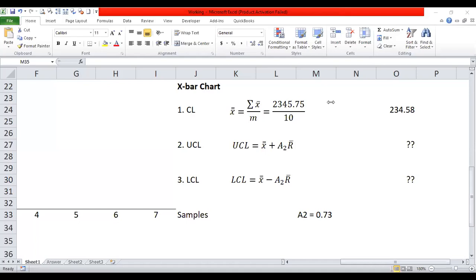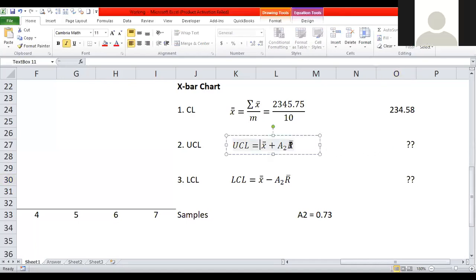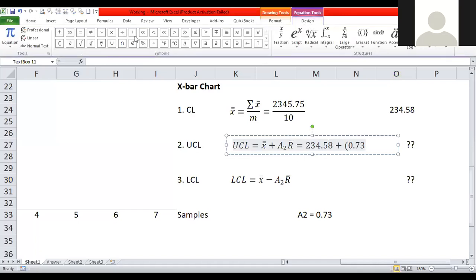Right, your answers are correct. So quickly we will do those things. The upper control limit is X double bar, that we have calculated as 234.58, plus A2, that is 0.73, into R bar. R bar, we already calculated the average of the ranges, that is 19.6.